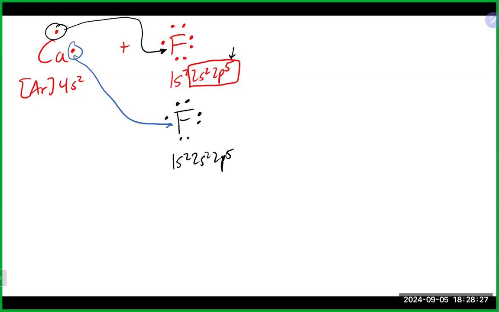And this is going to give us, on the other side, calcium that now has made a +2 charge, laying off an electron to each of the fluorines. Each of the individual fluorines will gain only one electron, which means it actually has a -1 charge, each of them.